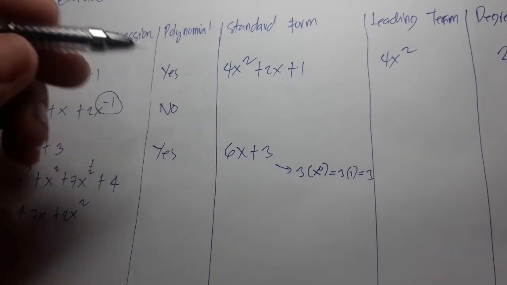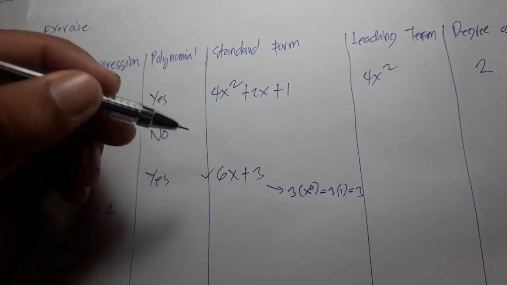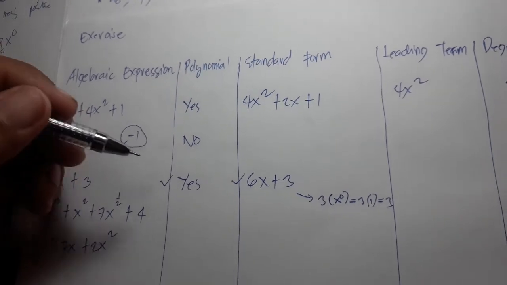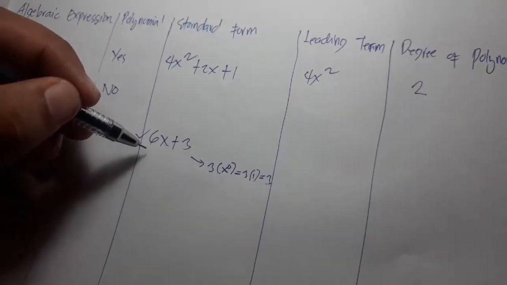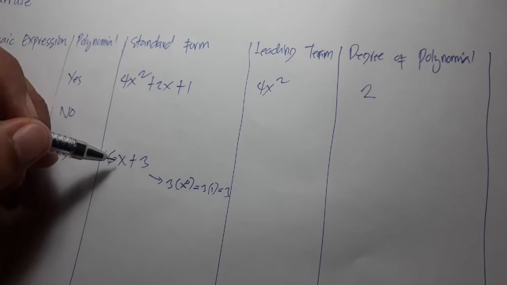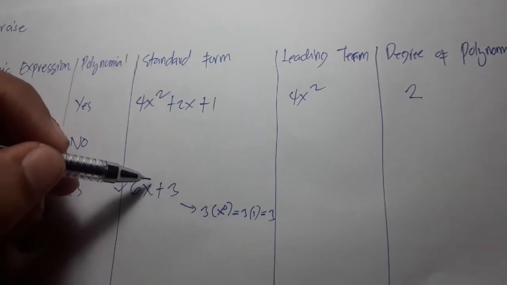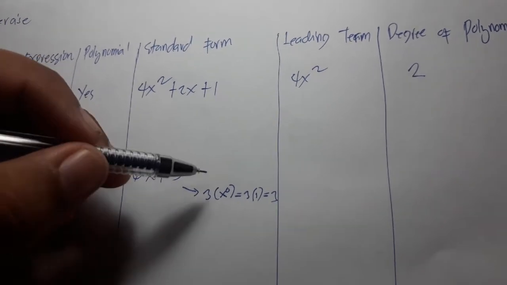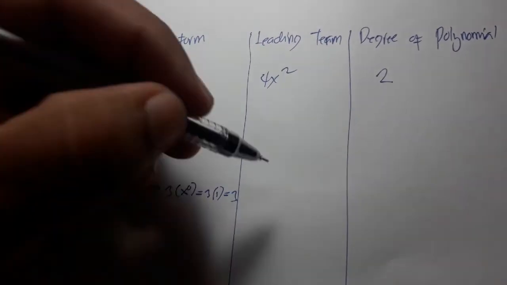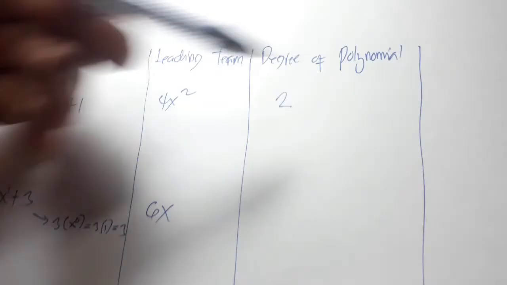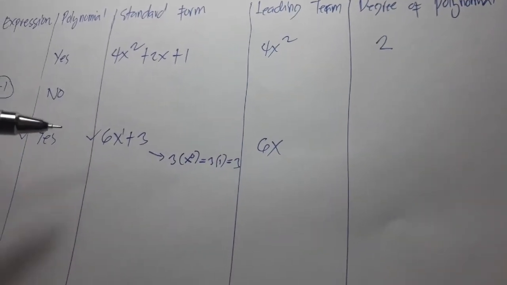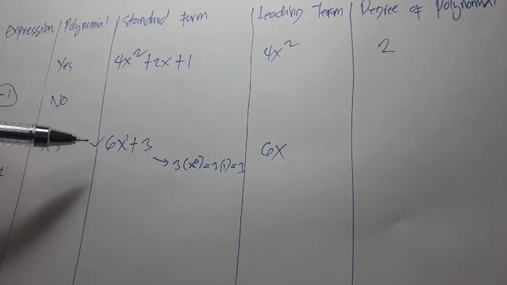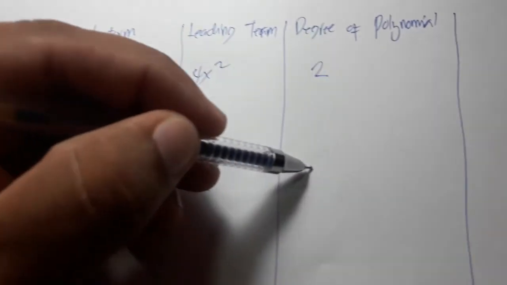So it is really a polynomial. What is the leading term? Our leading term is 6x, because the exponent here is 1, and in 3 the exponent is just 0. What is our highest exponent, the degree of polynomial? The degree of polynomial is 1.